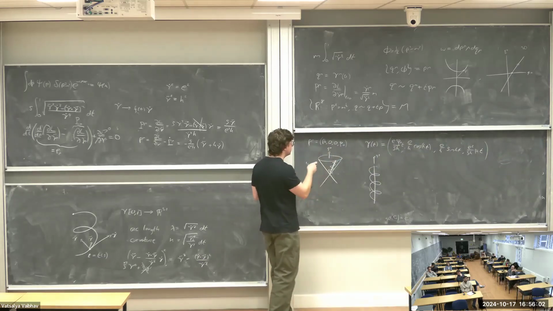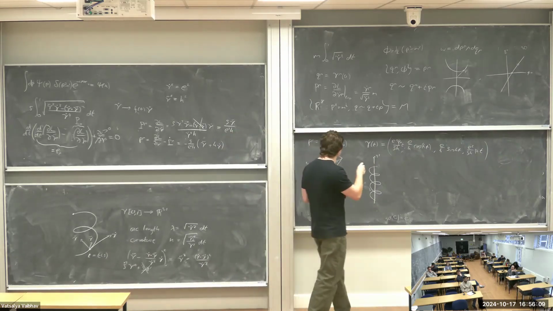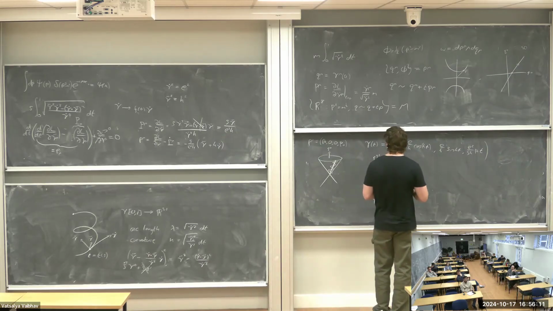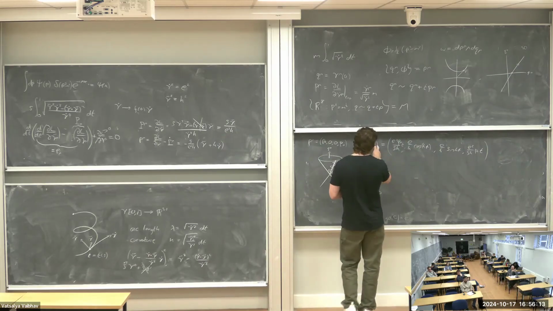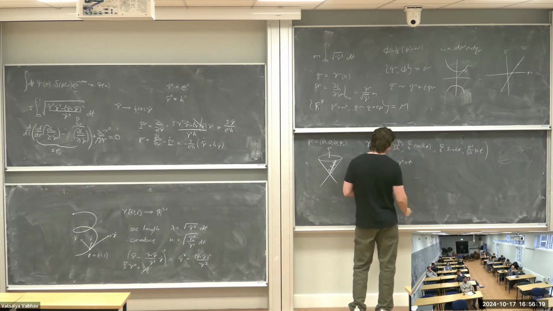There are a few interesting things to point out about this solution. The first is that it's superluminal. This is moving faster than the speed of light. So to see that, we need to reparameterize such that gamma 0 is t.